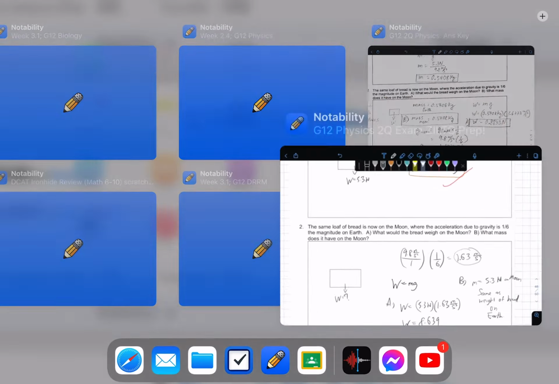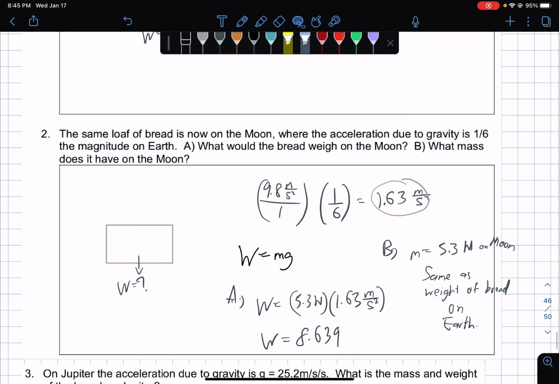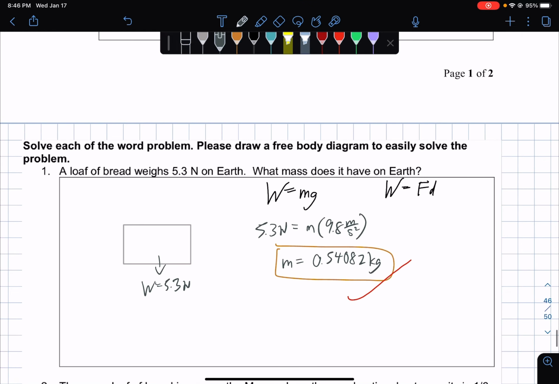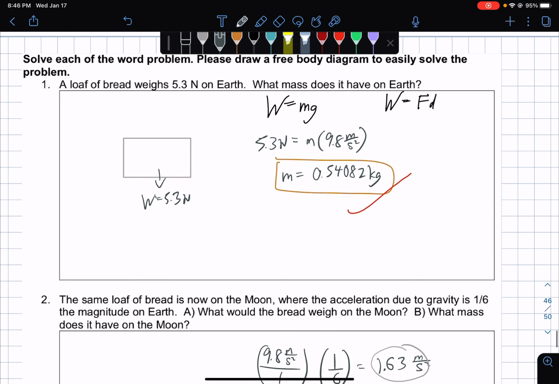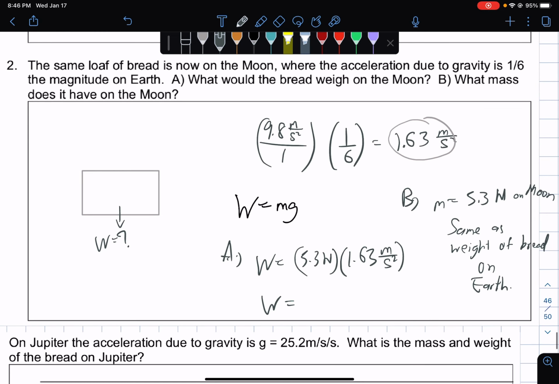Okay, I take back what I said about on Earth, the mass and weight can be equal. Just to play it safe, they're not equal. So we know that the mass of the bread on Earth is 0.54082. That's the value we multiply with 1.63.